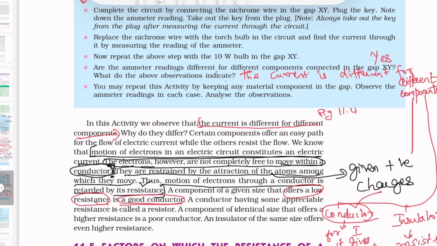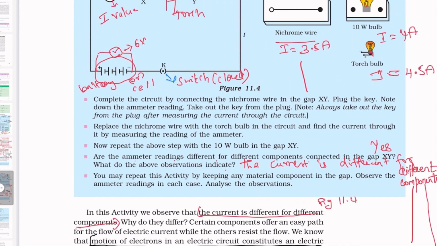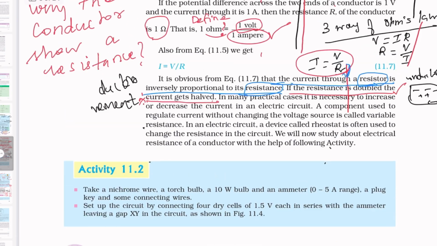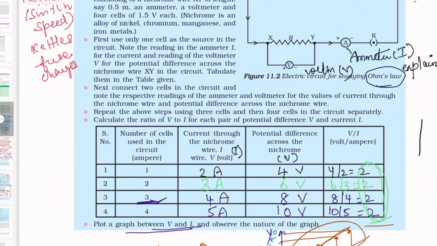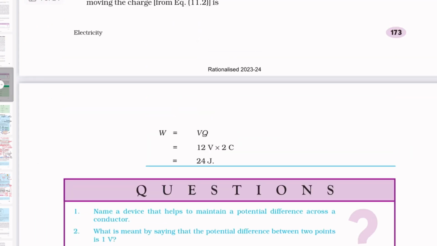Now we will come to the main topic. What is resistance? We already know that resistance is the property of the conductor. Any conductor is going to show a resistance, which we saw in Ohm's law.